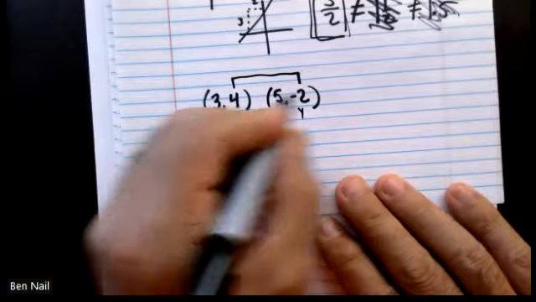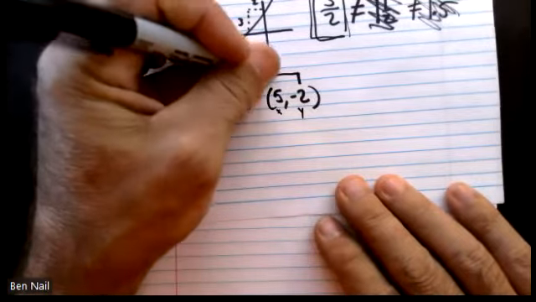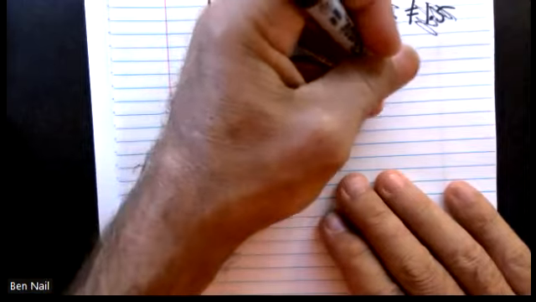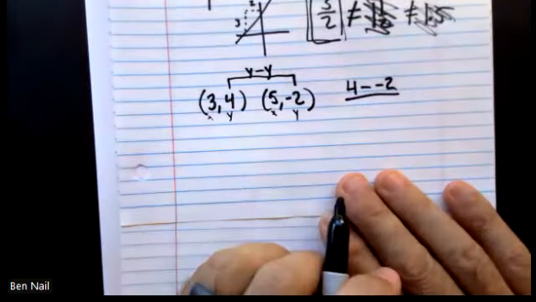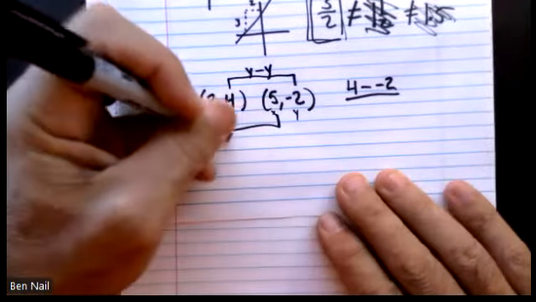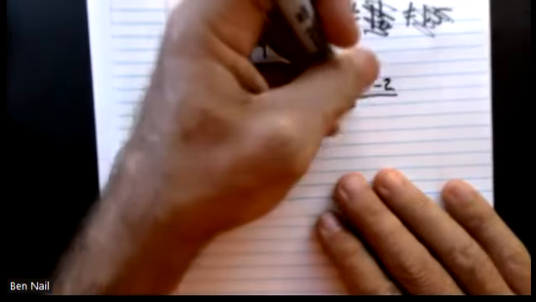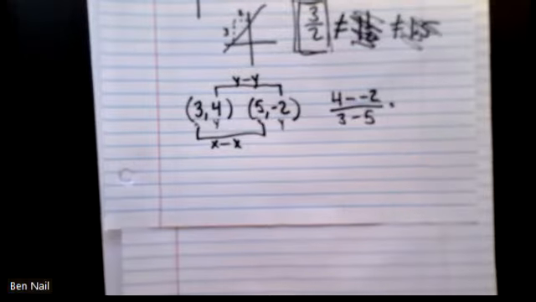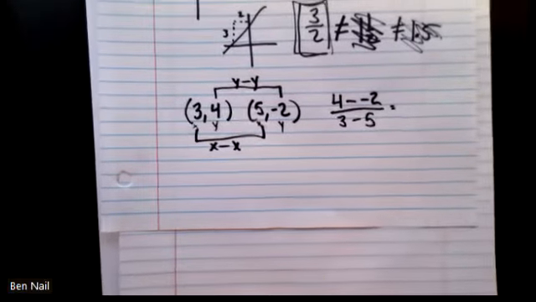So if you take y minus y, over x minus x, that will give you the slope. I apologize. I don't know why this thing won't stay focused.